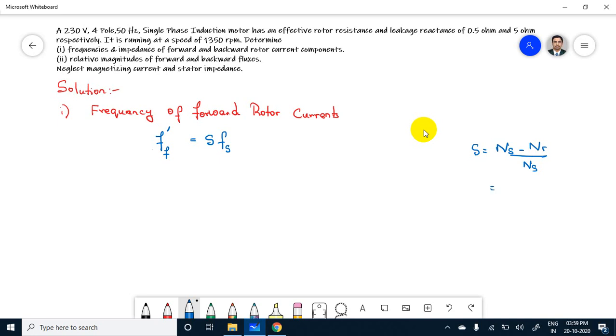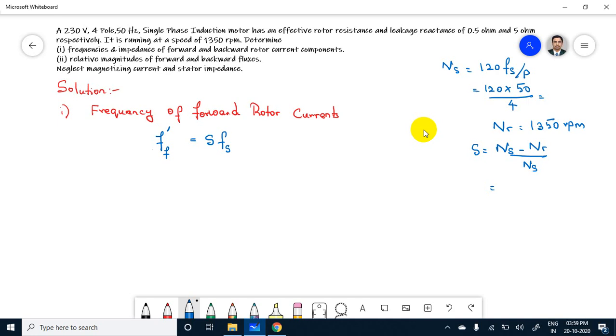Nr is available here, Nr value will be 1350 rpm. But we don't know Ns. So Ns is equal to 120 Fs by P. Now substitute 120 into Fs, which is 50, divided by number of poles, here it is 4.